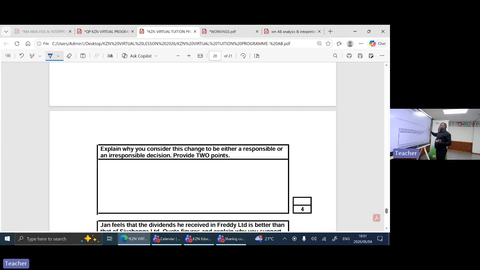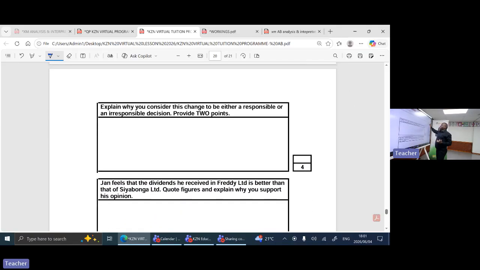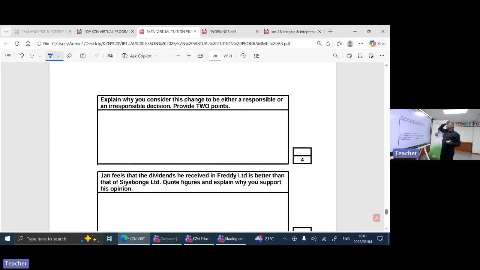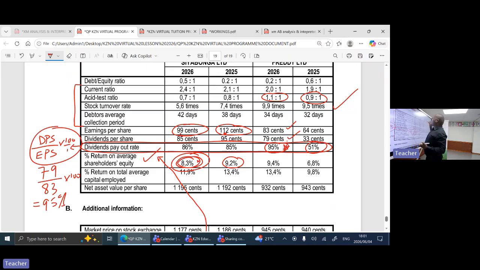Then it says, explain why you consider this change to be either a responsible or an irresponsible decision. Then you provide 2 points. Now, when you look at this, when you give our shareholders 51%, for example in 2025, as you can see, the company was saving about 49%.